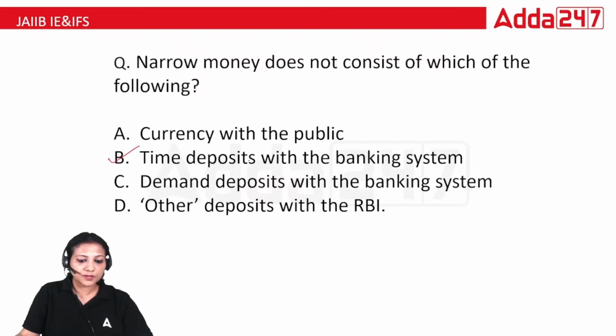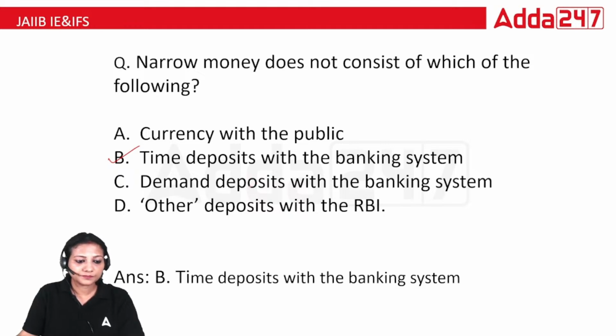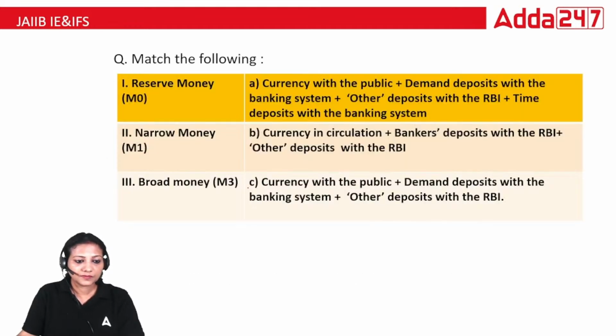Time deposit with the banking system is not part of the narrow money. Now match the following. Here we have reserve money, narrow money, and broad money, which is M0, M1, and M3.